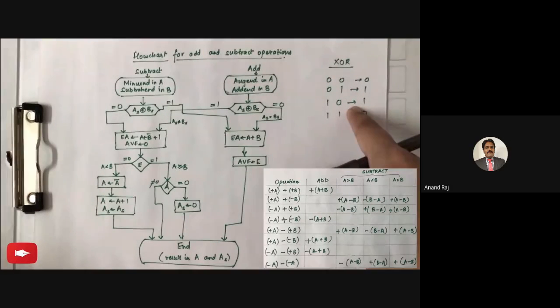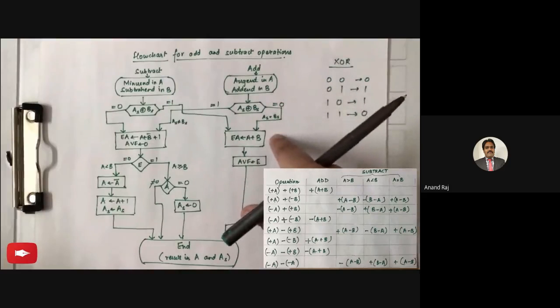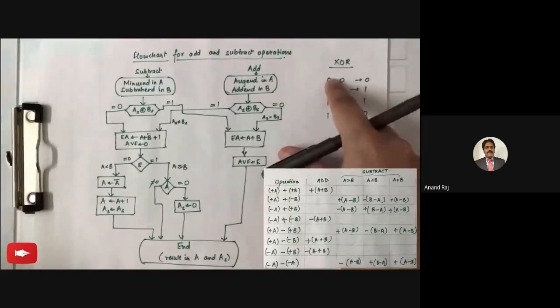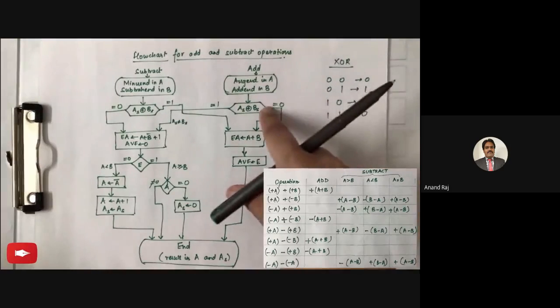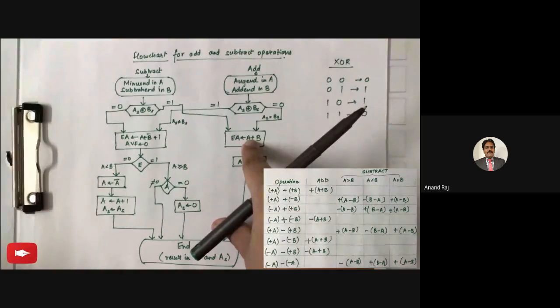Now if you see the previous video, for the addition operation, when the sign of the two numbers was the same, that is the first and the fourth case, addition was performed. That is for 0 0 or 1 1, where the value of the XOR gate will be 0, addition is performed.